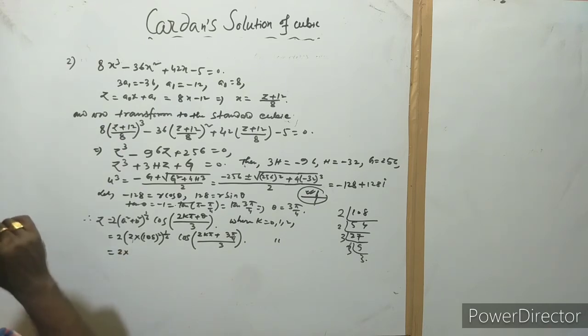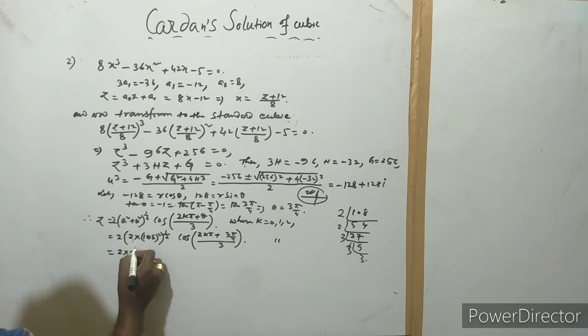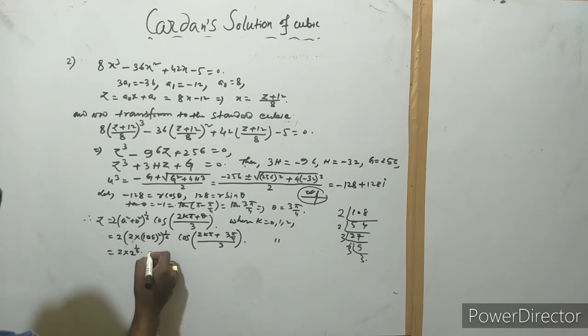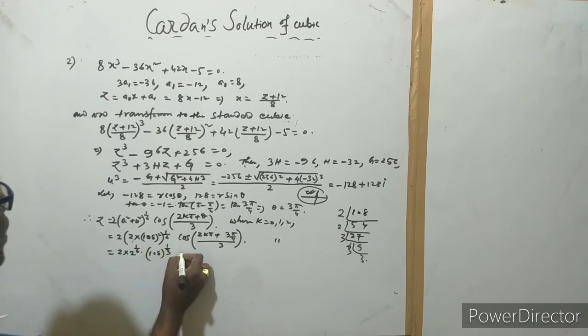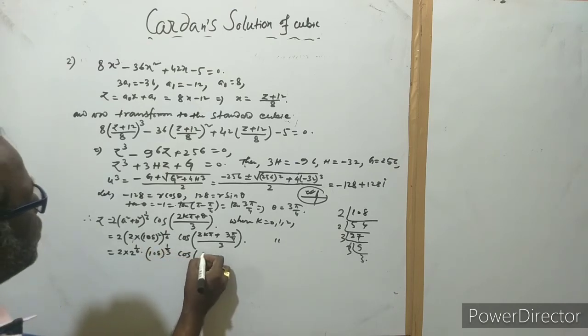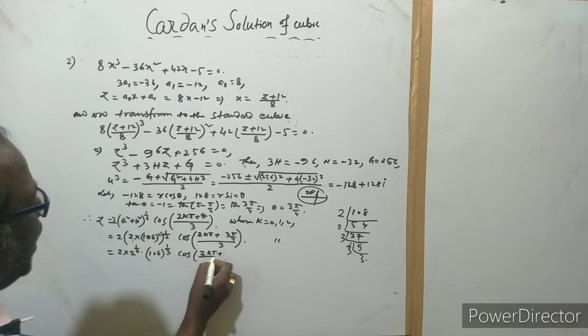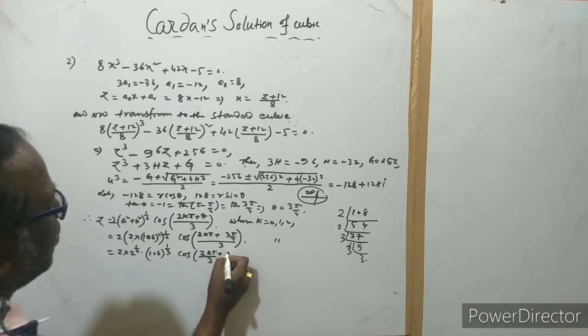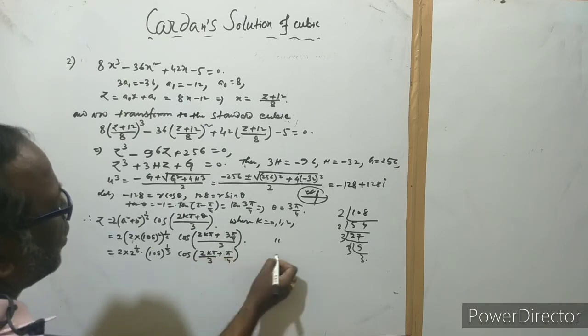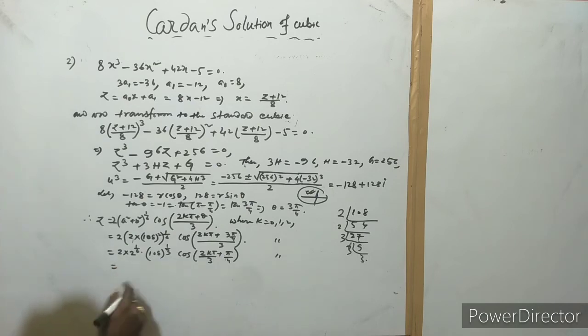Now 2 into, actually 2 to the power 1 by 6, this is here 128 to the power 1 by 6, and cos of 2k pi plus 3 pi by 4 divided by 3, and the cube root of that.